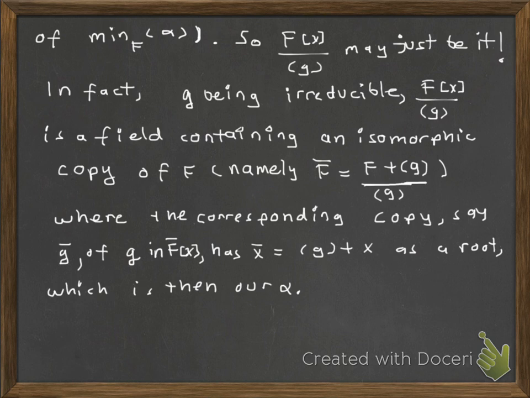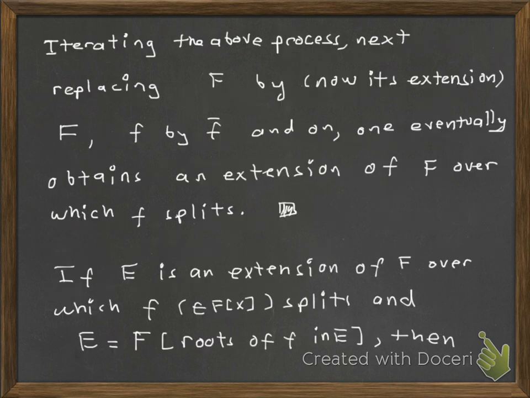Now, that takes care of one irreducible factor that doesn't have a root over F. If you iterate this process until you exhaust all the irreducible factors without roots in each step, namely those of f, then at one point you will have exhausted all of them and finished the proof.